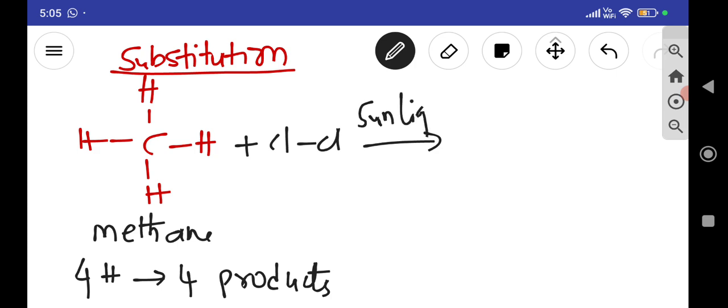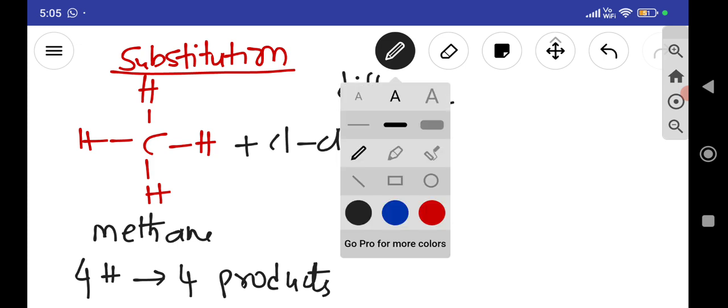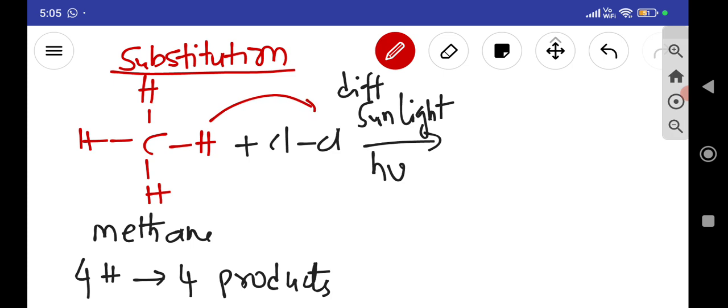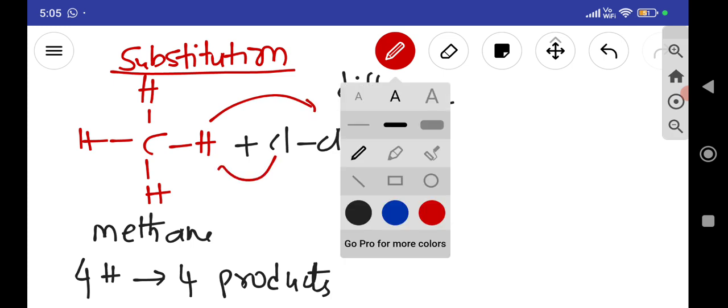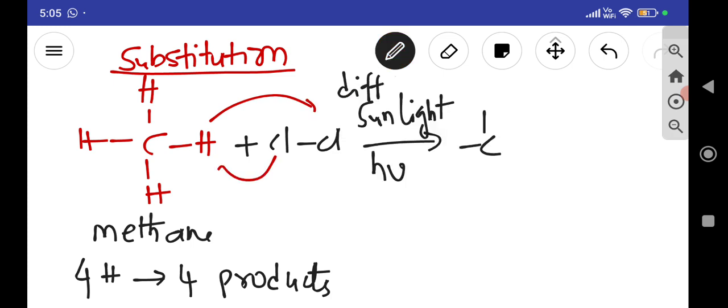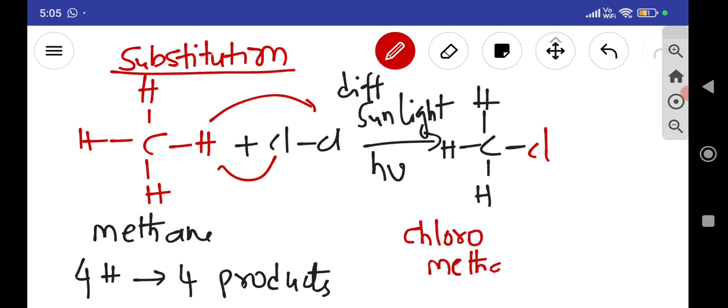What is meant by diffused sunlight means you have to use one small curtain or something, so less intensity sunlight, h nu. What happens? Substitution, hydrogen is replaced with the chlorine. So we get the product like this. Write CH3 as it is, and the new chlorine atom you write with red. So this is called chloromethane. This is your first product.